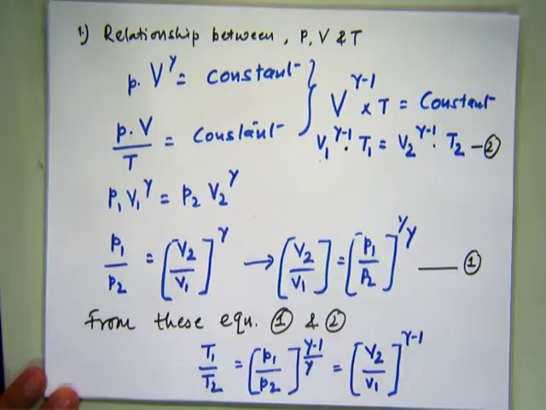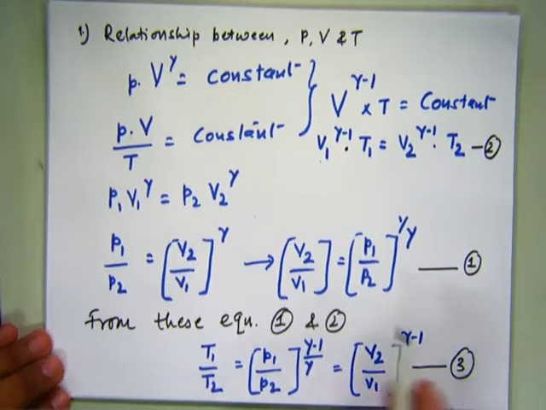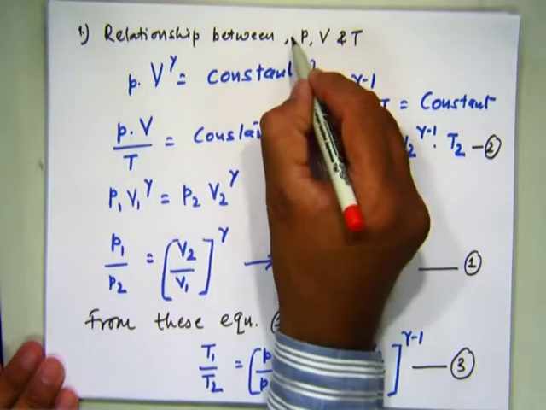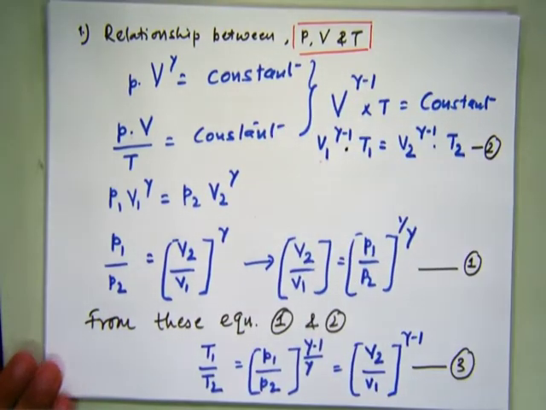This is equation 3, which gives the relationship between P, V and T for the adiabatic process.